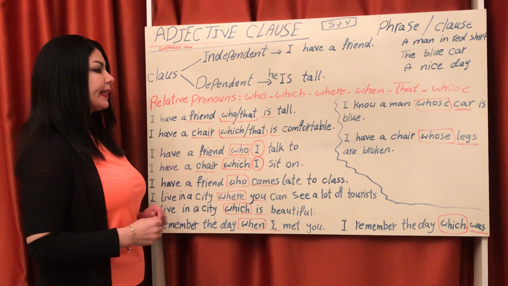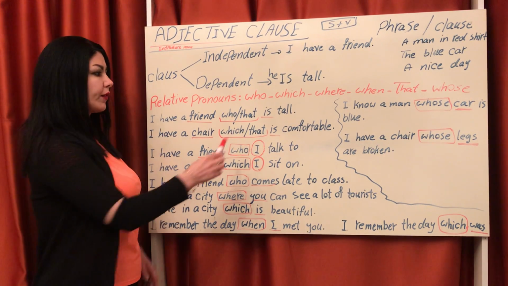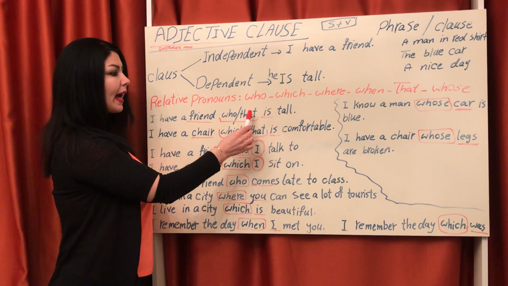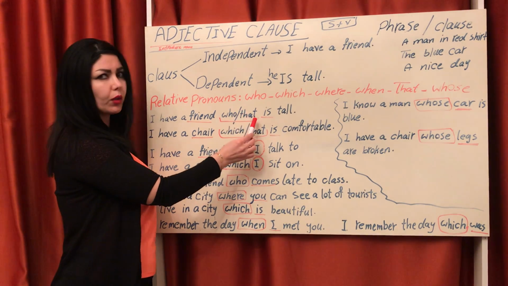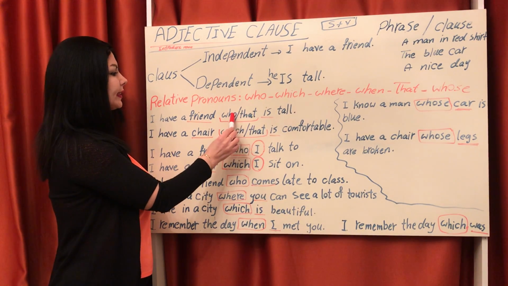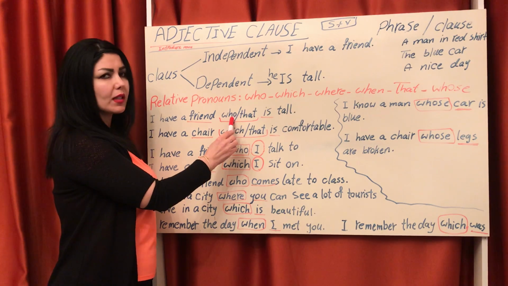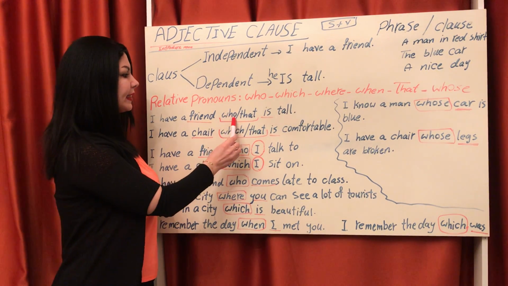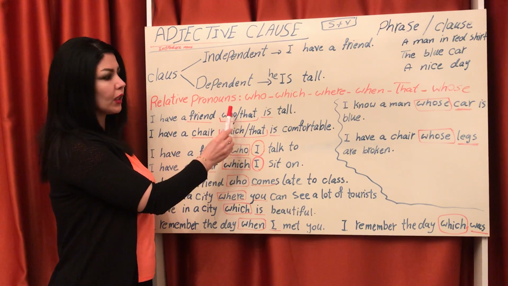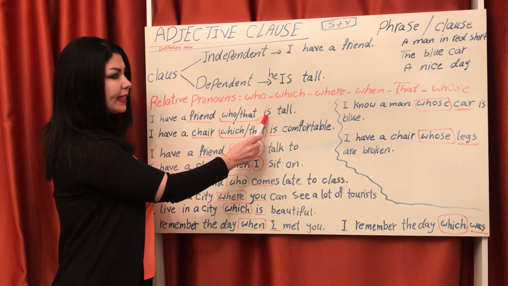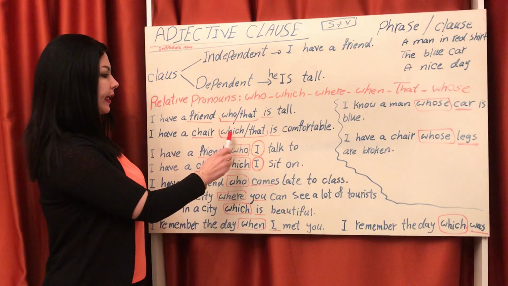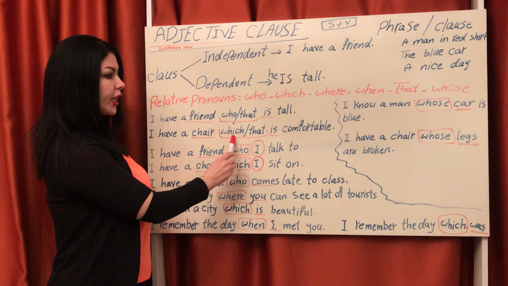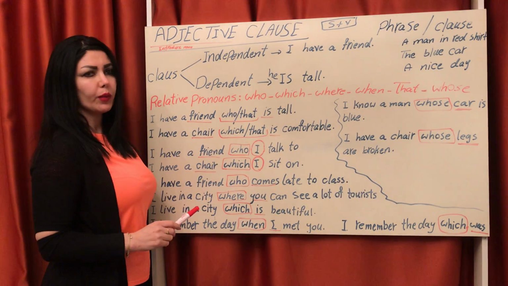Now look here. If we have a to be verb after the relative pronoun, this is subjective relative. Who is the subject, then a to be verb. Here, which is the subject, then a to be verb.